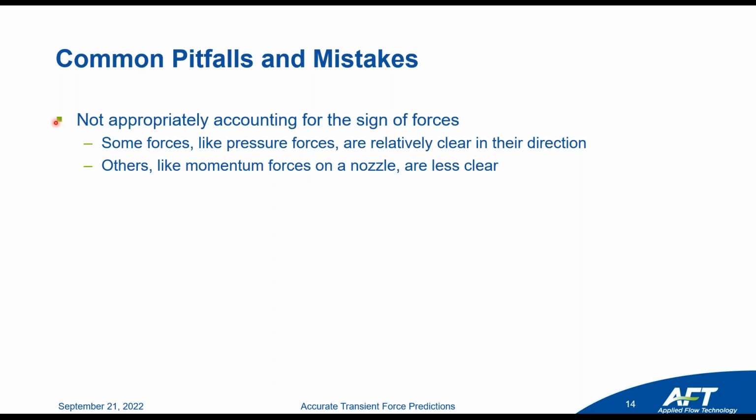One reason is that you might not be appropriately accounting for the sign of forces. So some forces, like pressure forces, are relatively clear in their direction, but others, like momentum forces on the nozzle, are less clear. So it's very easy to get tripped up. You might think of the example like a fireman holding a fire nozzle and say, well, clearly that fireman has to hold the nozzle forward, otherwise it's going to go backwards.